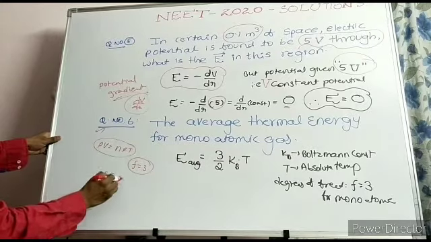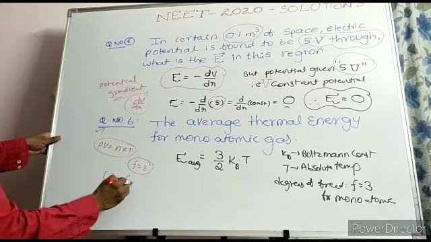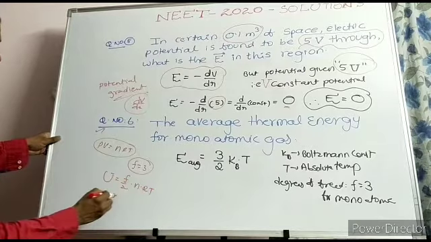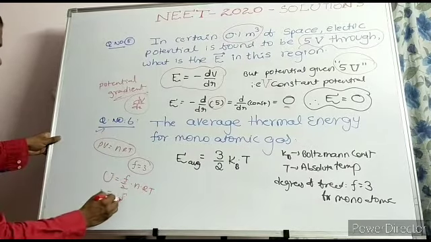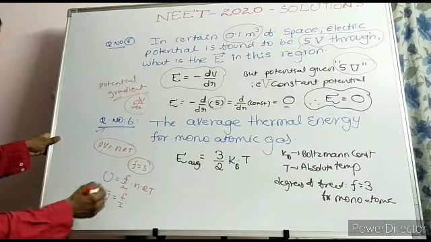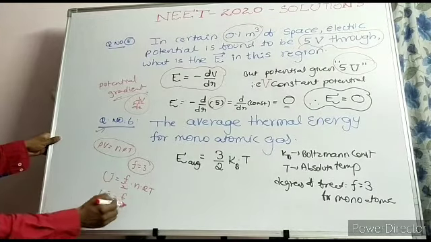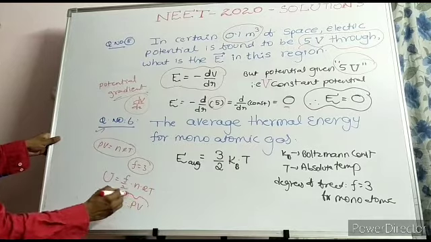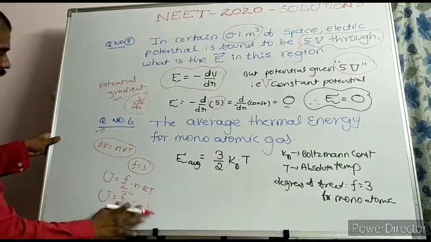Internal energy, U is equal to F by 2 into n into R into T, or U is equal to F by 2 into, instead of that we have to write PV, of course nRT.